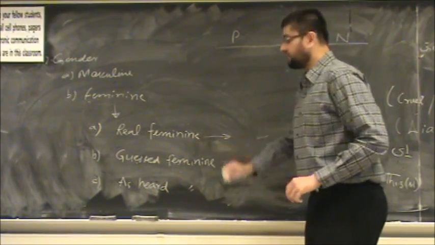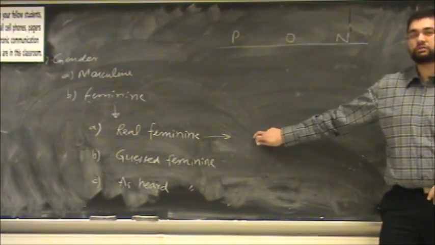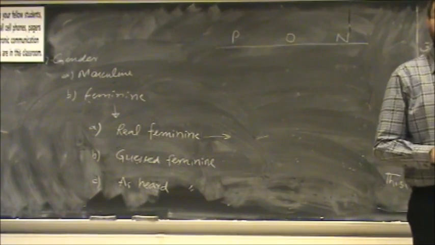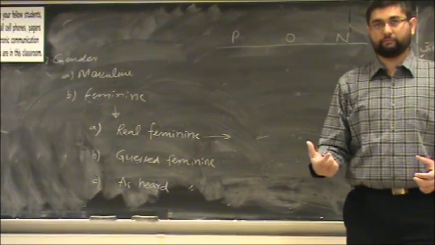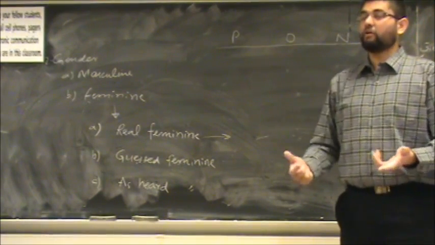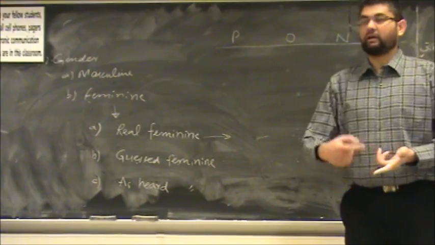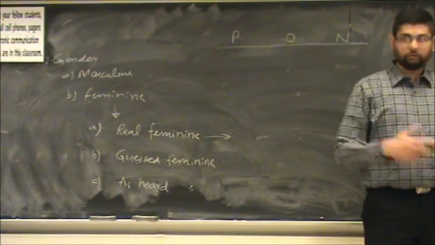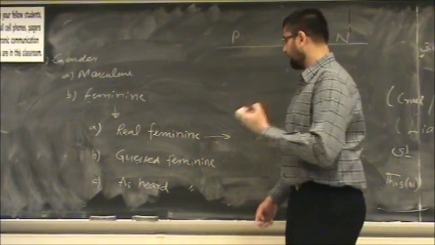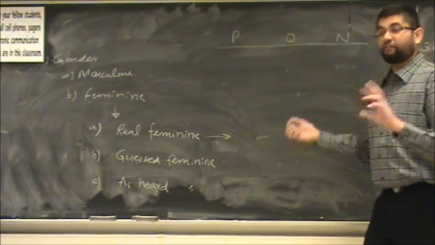Now, as the name suggests, these are the nouns which correspond to objects in the real world that have real gender. You know, they are really feminine. For example, cow, hen, mother, daughter, these kinds of objects that have real gender.